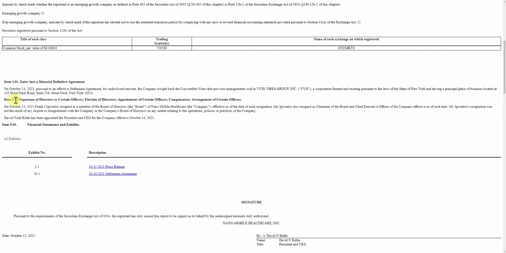Okay, item 5.02. Also on that day, Frank I. Igualer resigned as a member of the board of directors of Nano, the company, effective as of the date of such resignation. Mr. Igualer also resigned as chairman of the board and chief executive officer of the company, effective as of such date.